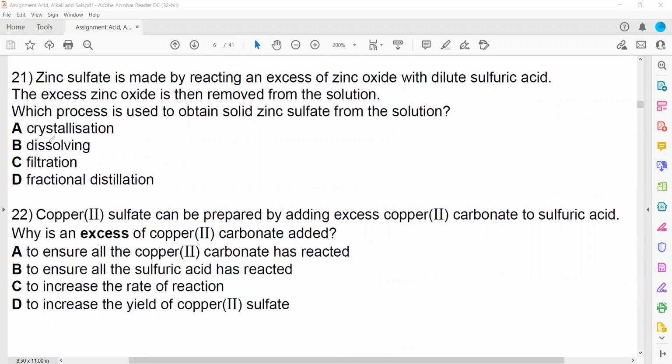Then zinc sulfate. Zinc sulfate is a soluble salt, because most sulfates are soluble except barium, calcium and lead. So we want to prepare a soluble salt. How can we prepare a soluble salt? Either we can use evaporation or crystallization. These are the two techniques which can be used.